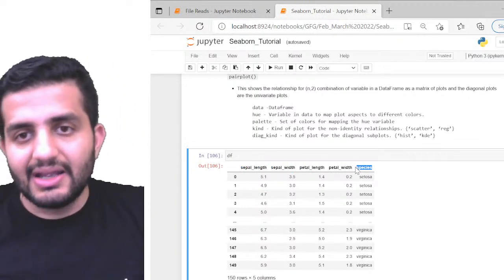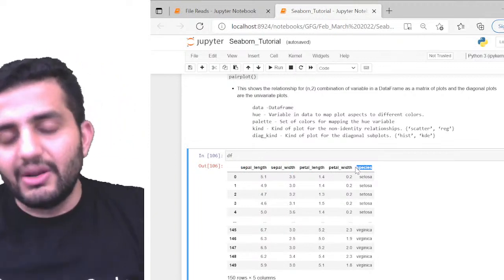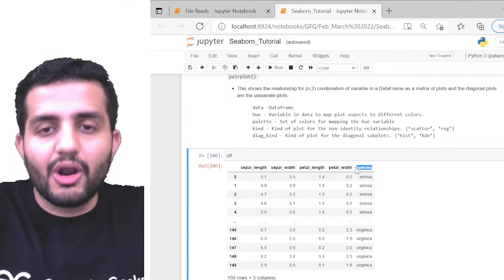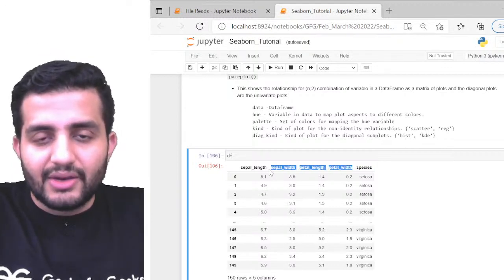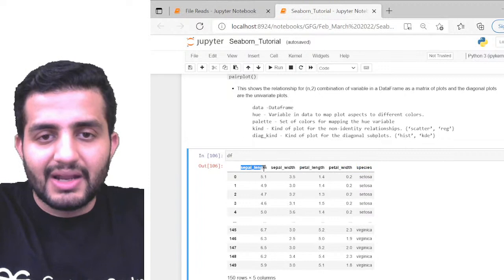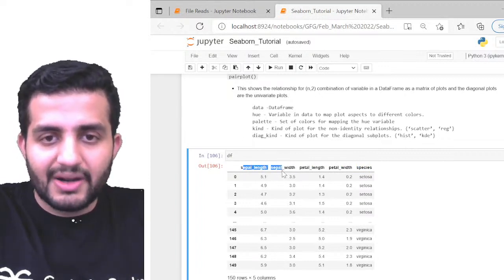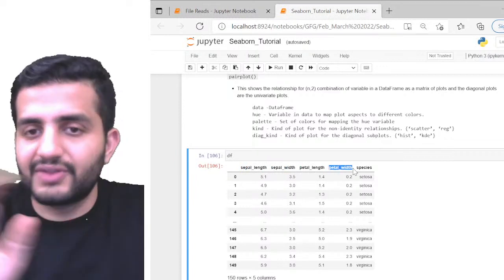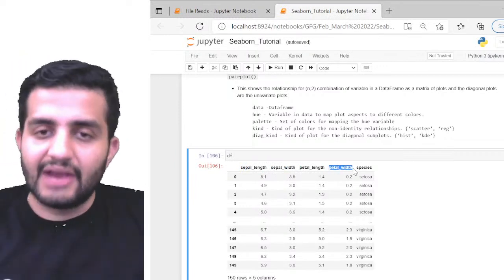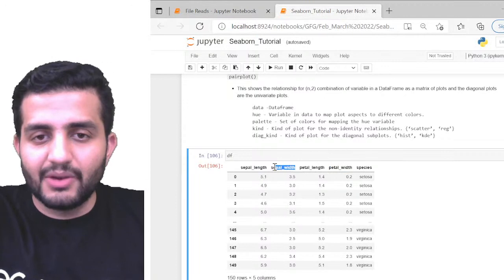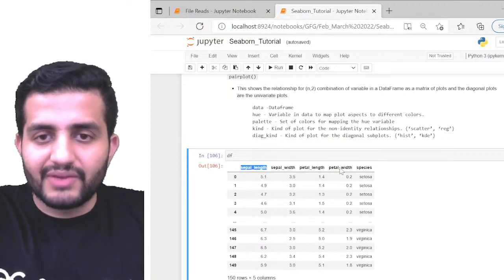So in this case, we can try to find the relationship between all of my variables. There could be a relationship between sepal length and sepal width, sepal length and petal length, and also sepal length and petal width, right? So all 3 combinations are possible. Likewise, in the same way, even for sepal width, it is valid for all of these 4 variables, right?